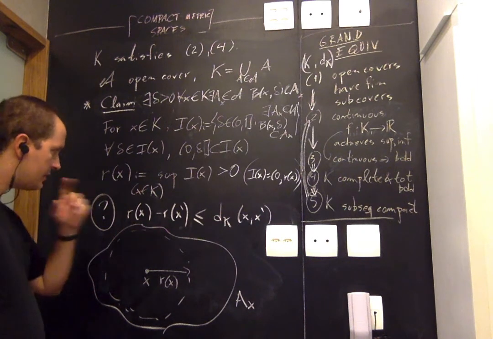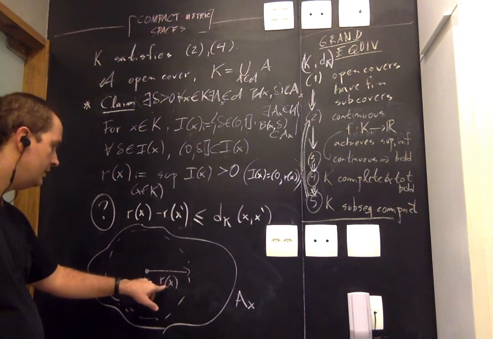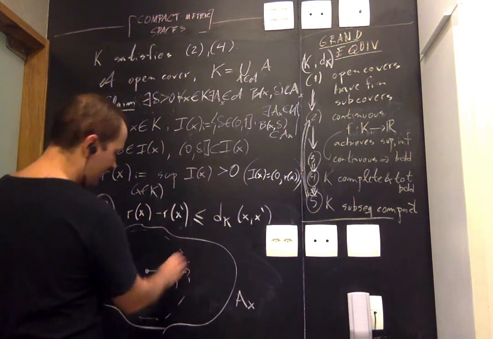Now, take x prime, and I'm going to assume that the distance between x and x prime is less than this radius here. It's just, I mean, on the picture, right?